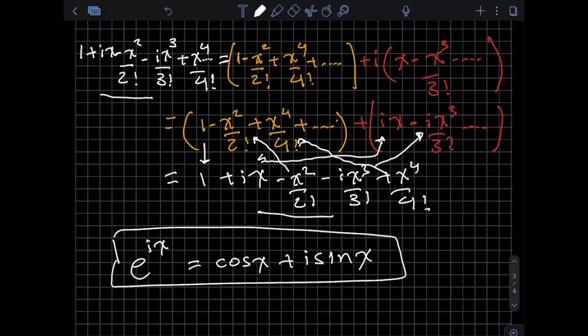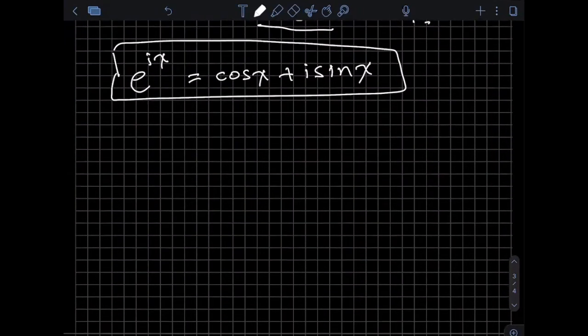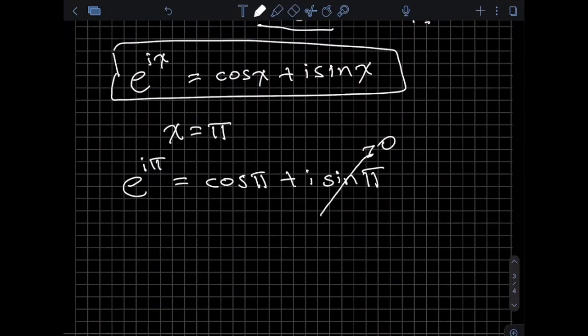Now let's put some values in place of x. Let's consider x is equal to pi. Then this will turn out to be e to the power of i pi is equal to cosine of pi plus i sine pi. We know from trig that sine pi is equal to 0, so this will turn out to be 0.